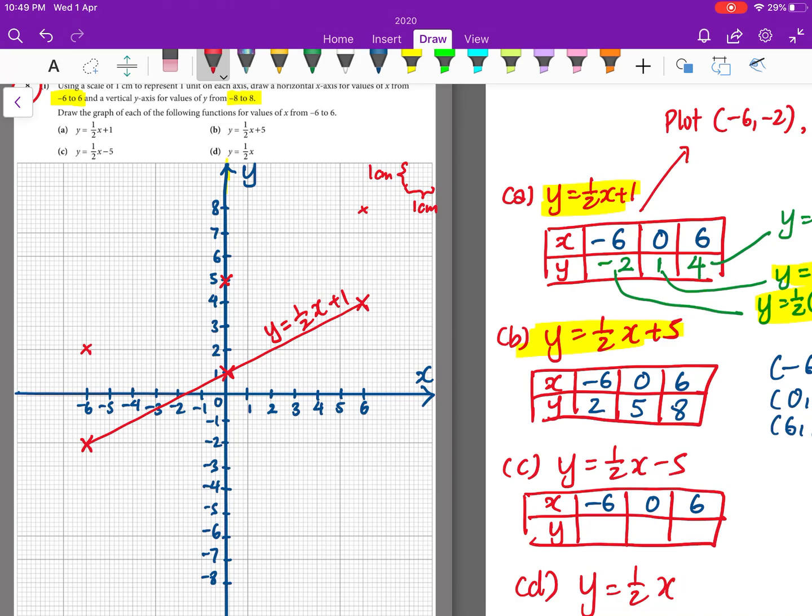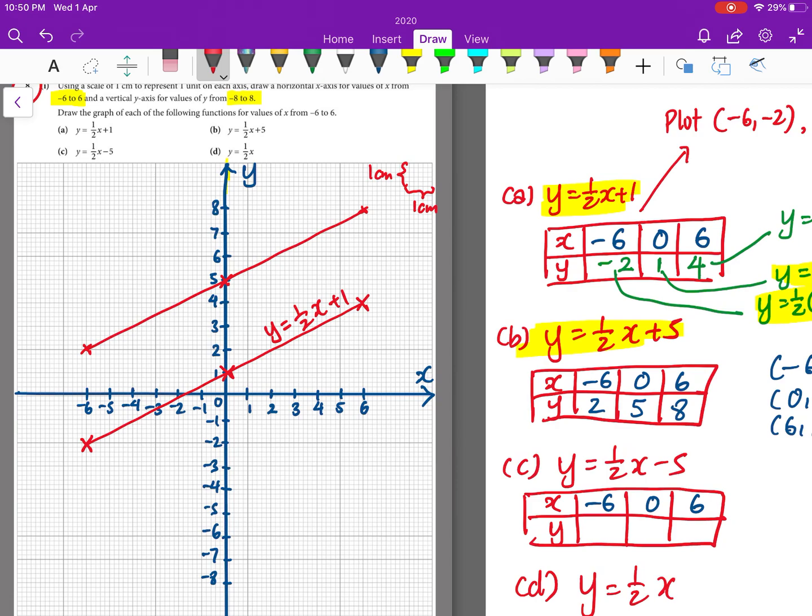Okay, let me get my ruler and try to connect the 3 points with a line. Okay.